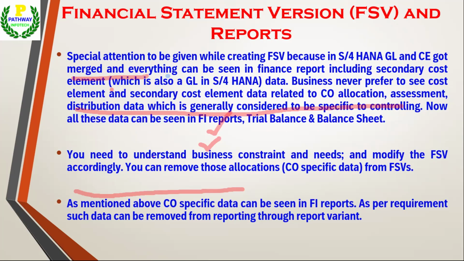We need to understand the business constraints and needs and modify the financial statement version accordingly. You can remove those allocations and CO specific data from the financial statement version. As mentioned above, CO specific data can be seen in FI reports as per the requirement. Such data can be removed from the reporting through the reporting variant. Obviously, you can go and remove this.